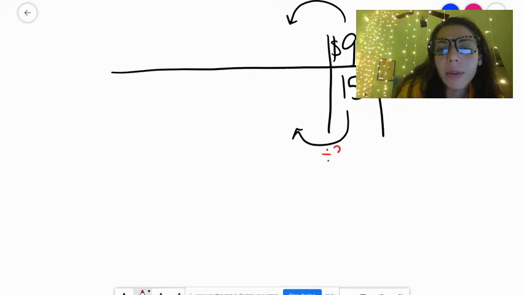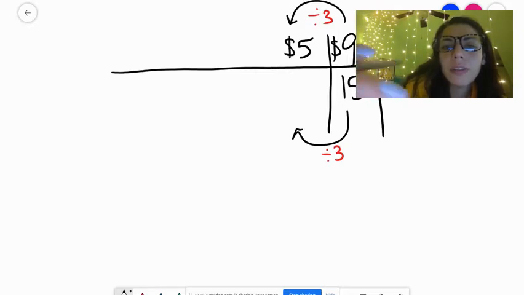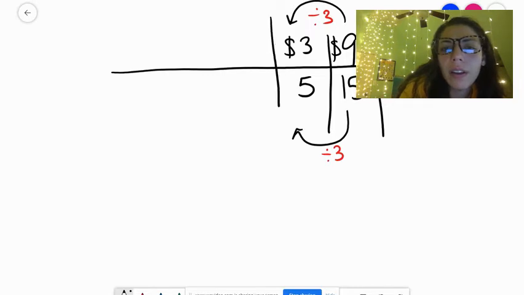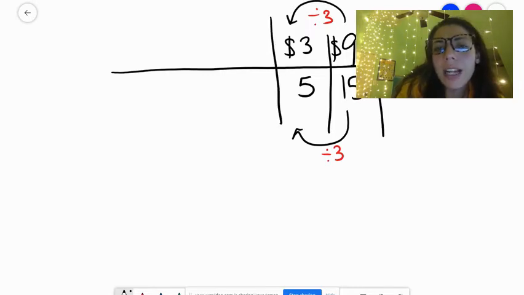So when we did 9 divided by 3, we got $3. And when we divided 15 by 3, we got 5. So again, this is our sodas. And the top is going to be the money.